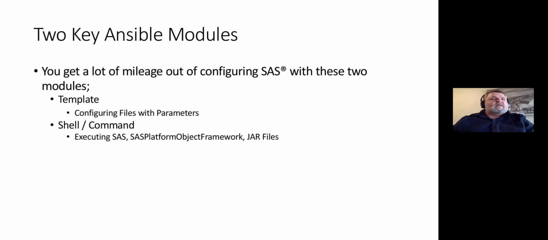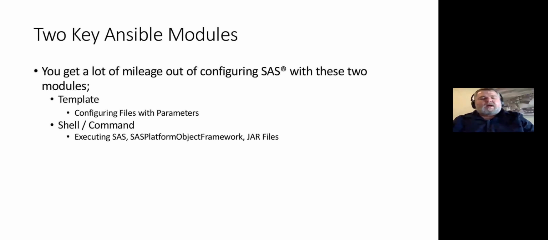If you're customizing your SAS batch server, OMA config, pretty much any config file that you're managing in your SAS 9 environment, the template task is a really good candidate to use. As I'll show later, you define parameters or conditions and loops and so forth, and it will render that file for you and then transport it to your target server.